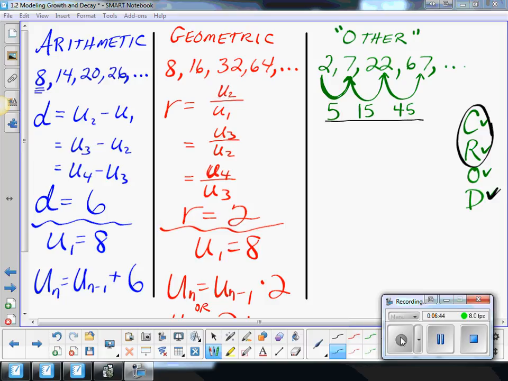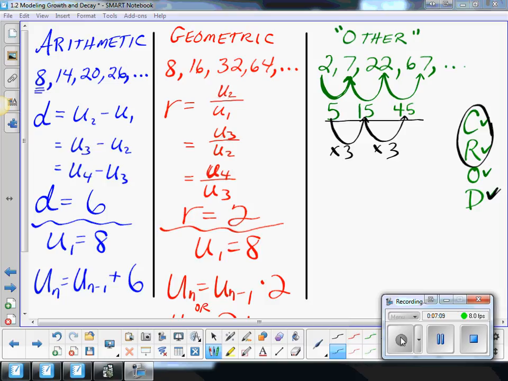Do they? 5 times what is 15? 3. 15 times what is 45? 3. So tripling or multiplying by 3 has something to do with this pattern, which we already know it does. It's times 3 plus 1. But let's see how the rest works.